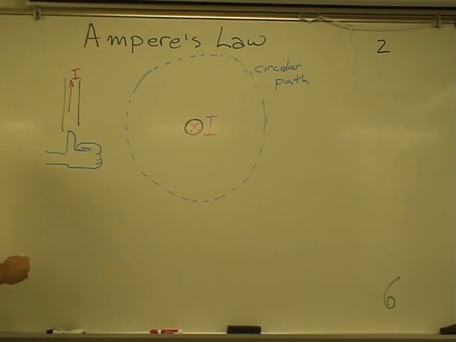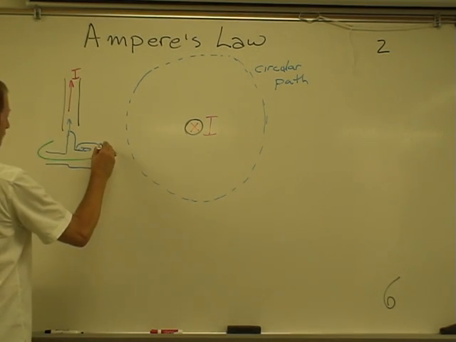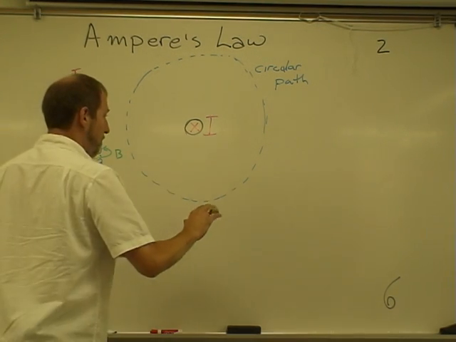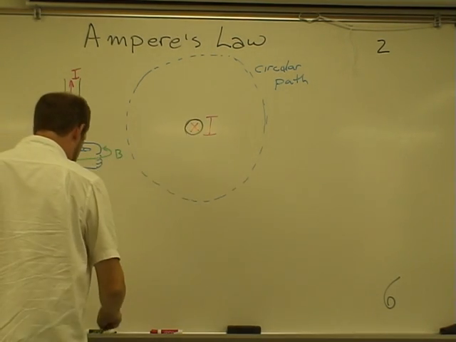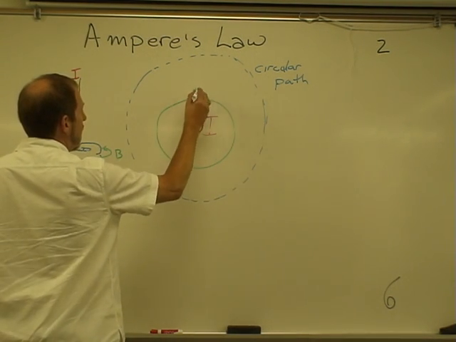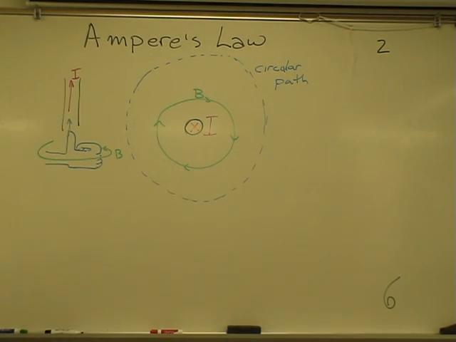Let your thumb basically hitchhike in the direction of the current, and then the direction of the magnetic field follows the curl of your fingers if you're using your right hand. Use the left hand, you get the opposite direction, so don't do that. So for a current going into the board, the magnetic field will be propagating in the clockwise direction.